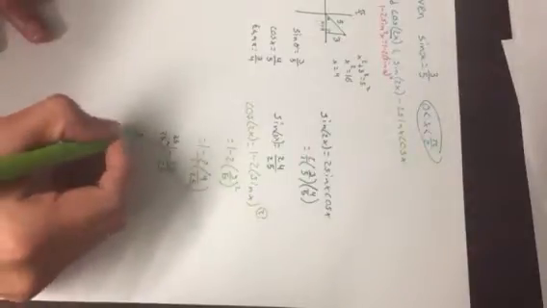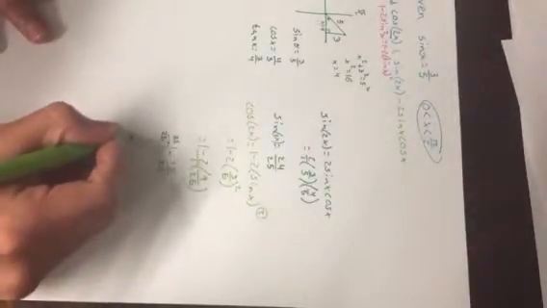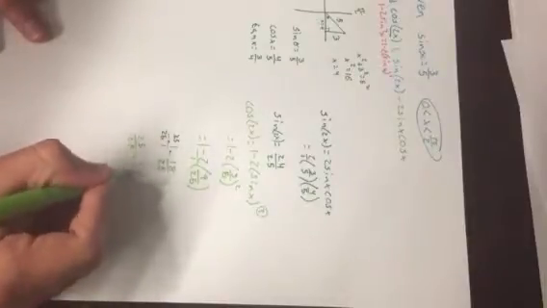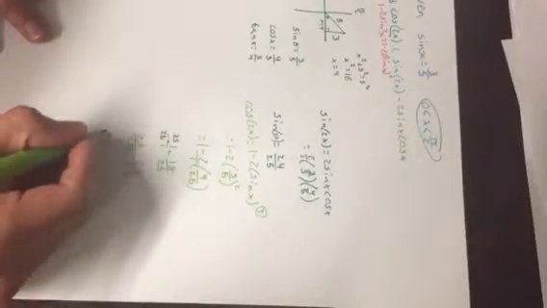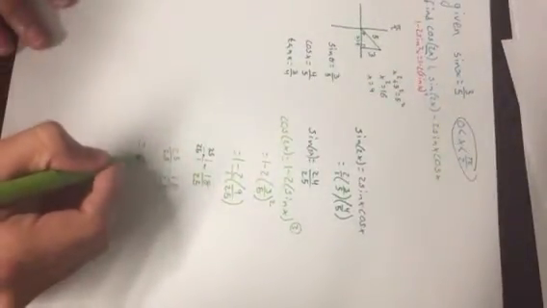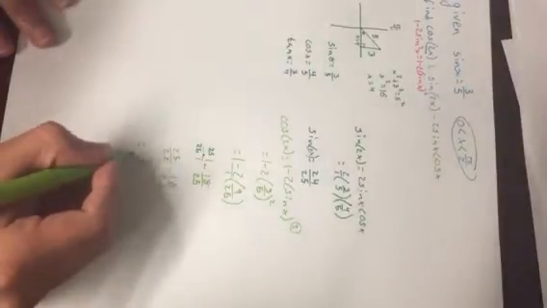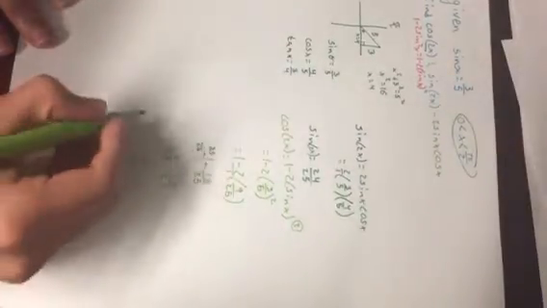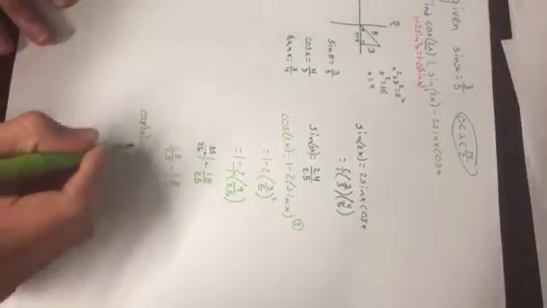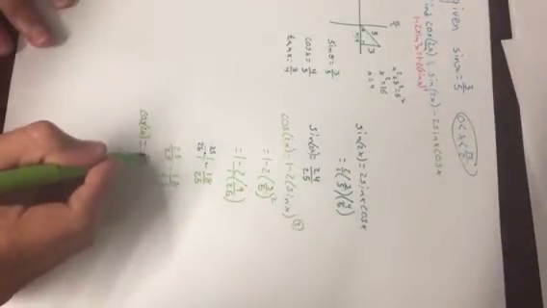So this would equal 25 over 25 minus 18 over 25, which equals 7 over 25, that's a positive 7 over 25. So cosine 2x equals 7 over 25.